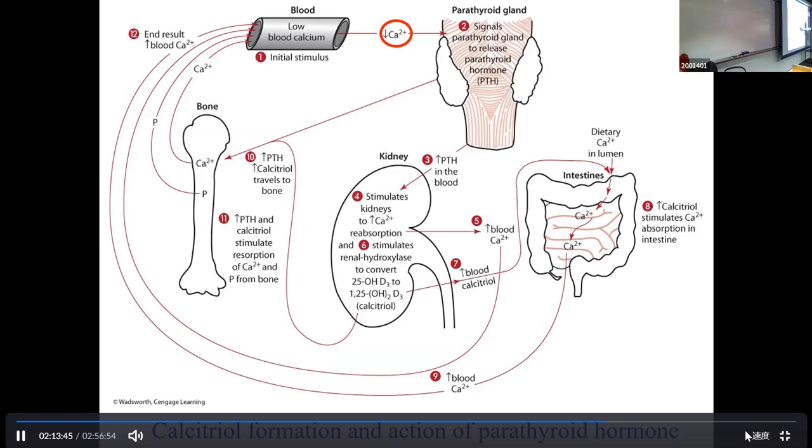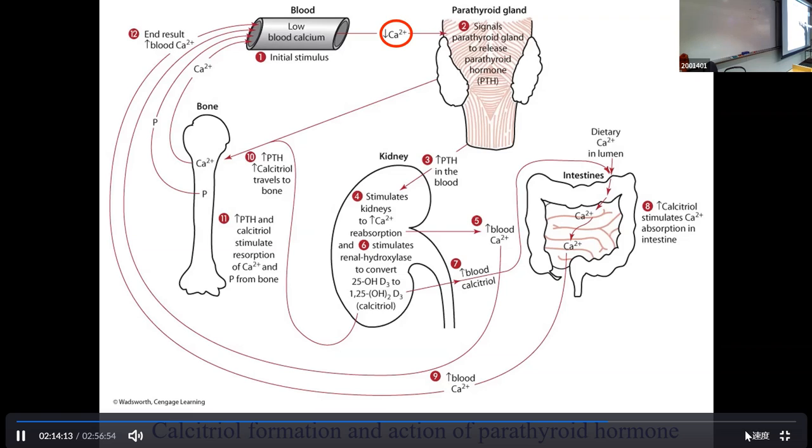And more importantly, it stimulates kidney hydroxylation of 25 to the active hormone 1,25-hydroxy-D. Remember, 1,25 is the active vitamin D hormone, which is calcitriol. So PTH, in response to a drop in calcium, is an important step.